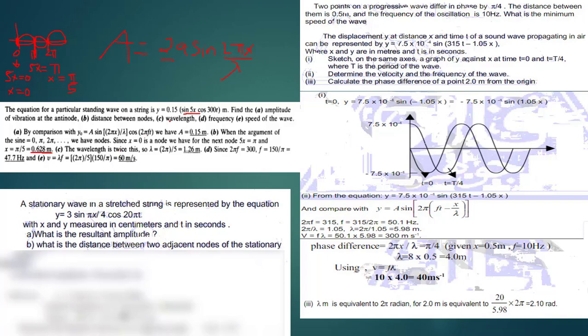So another question is to find the wavelength. We look at our equation to see where we had the wavelength. Our general equation is here, and the part where we had the wavelength is here.